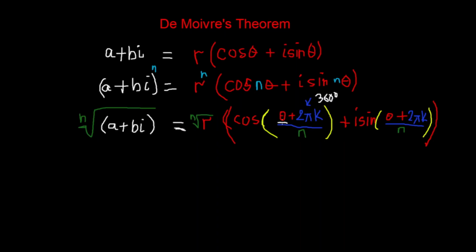If the theta is in degrees, then instead of 2 pi, it'll be 360 degrees times k. If it's in radians, then we just add 2 pi.